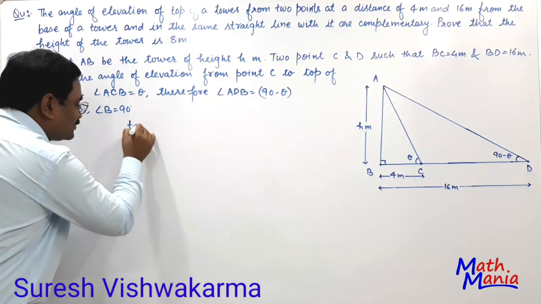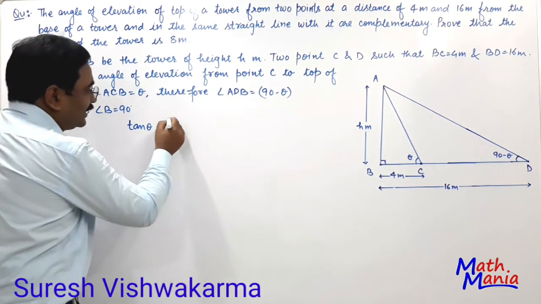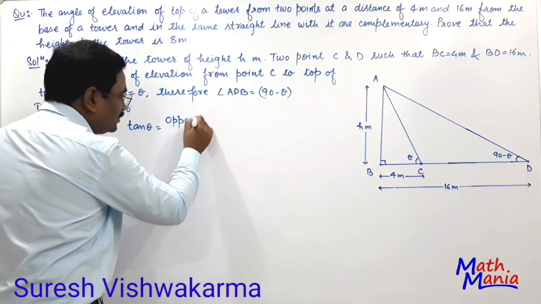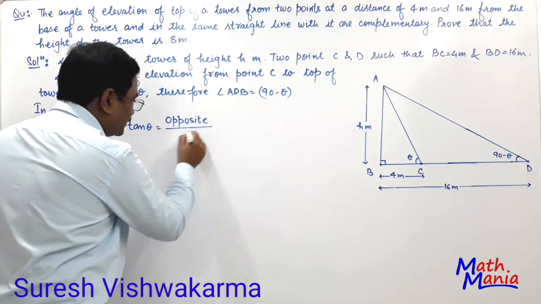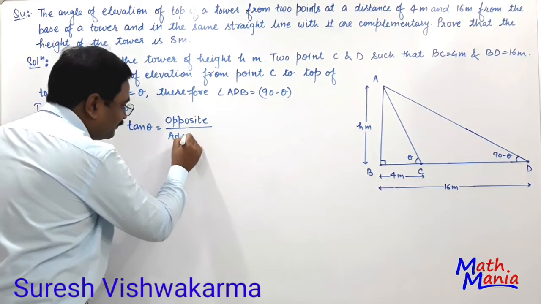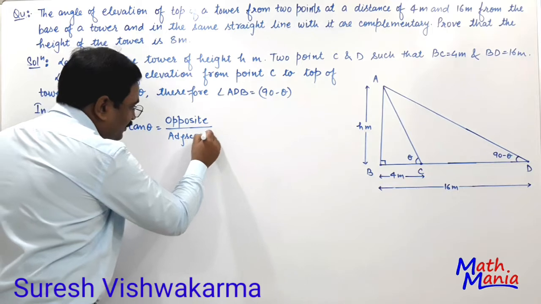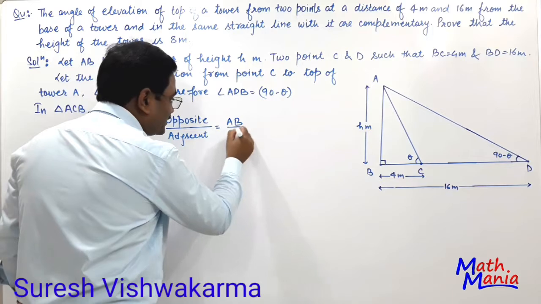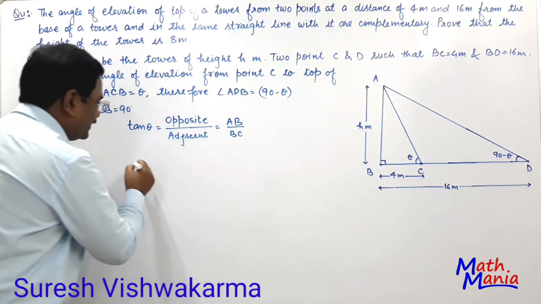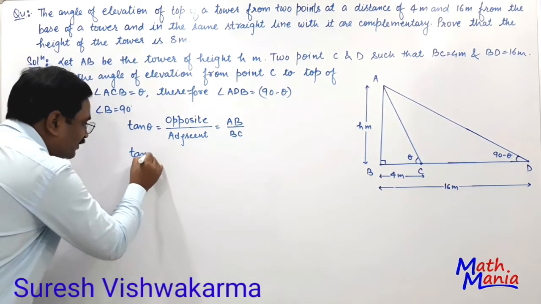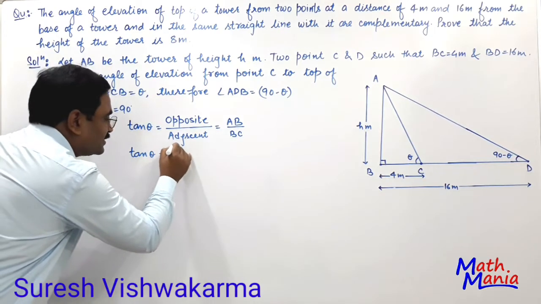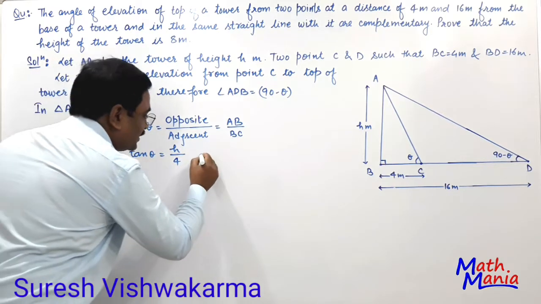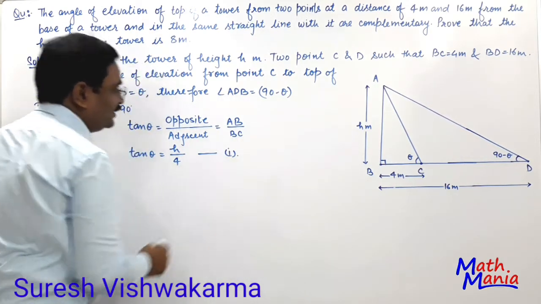Therefore tan theta is equals to, as you know, opposite upon adjacent. So opposite is AB and adjacent is BC. So tan theta is equals to AB, the height of the tower H, upon BC, which is 4. Say this is equation number 1.